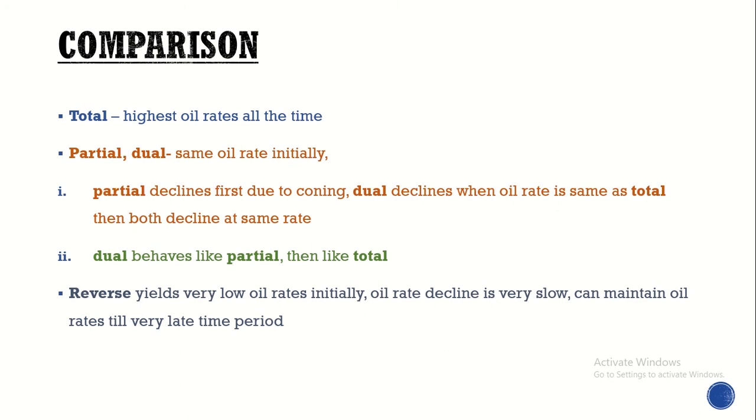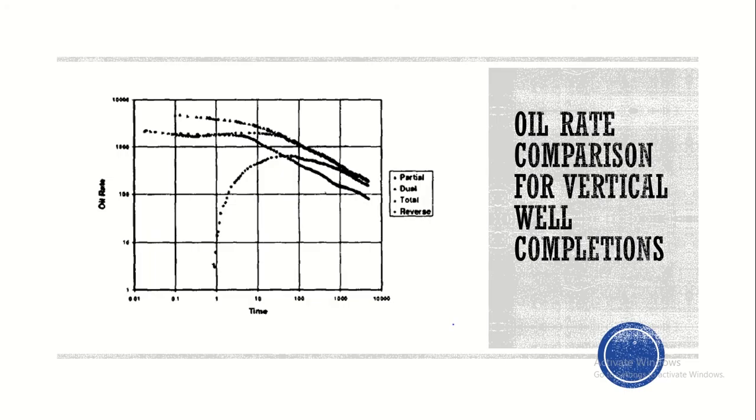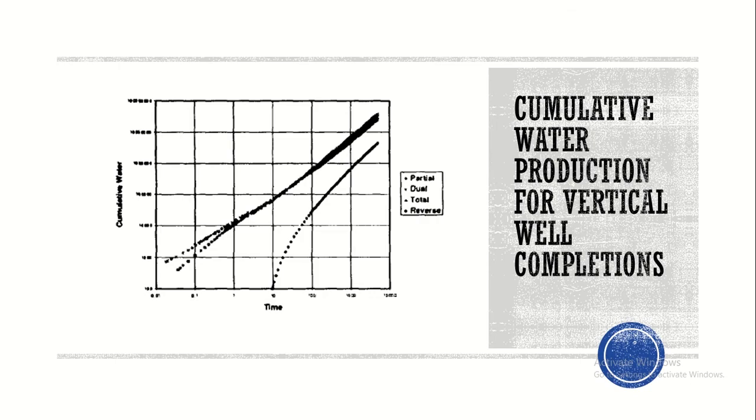For reverse penetration, it yields very low oil rates initially. While the oil rate increases with time, in the end it will not be higher than all three other methods.